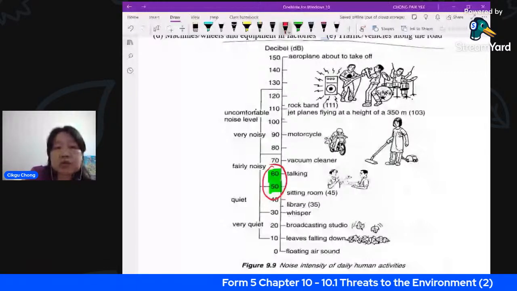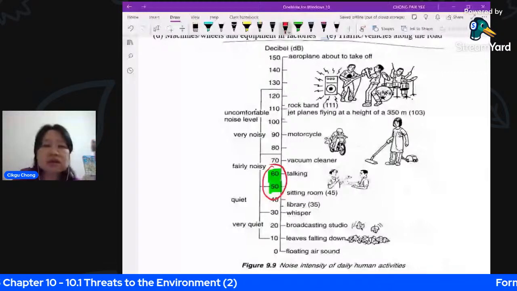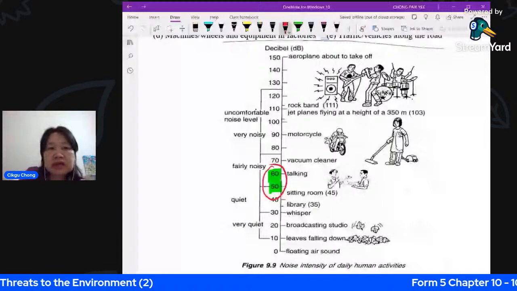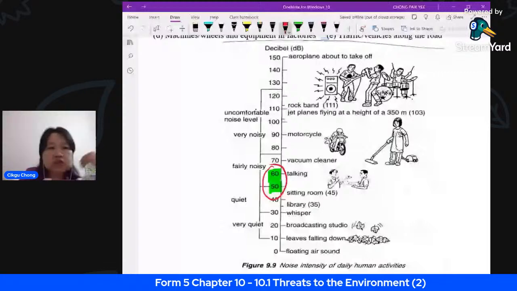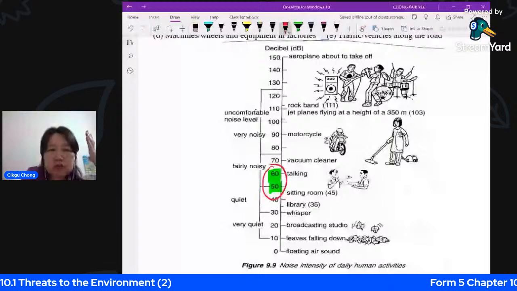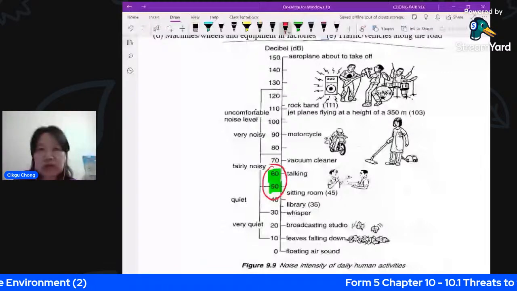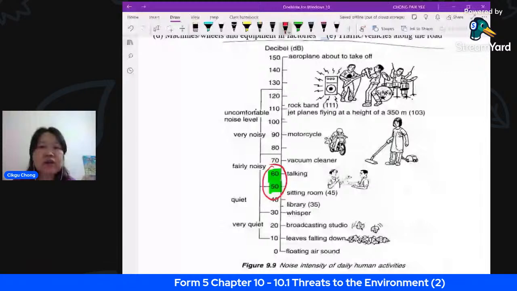Emotional and mental disturbances, yes. Sometimes you cannot concentrate, you cannot think because of too loud noise. Then it's also psychosomatic. Sometimes your mental health can affect your body. Because you're emotionally disturbed, you find your heartbeat increasing, you feel irritated, worried and disturbed. Your respiration also increases.